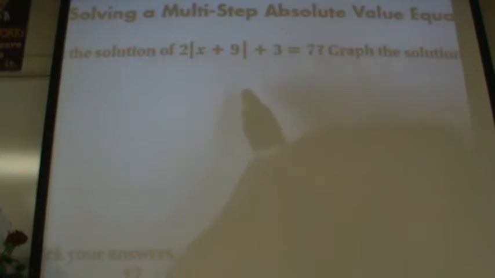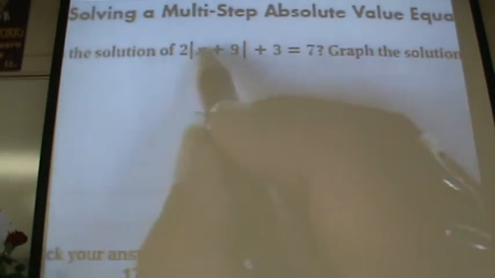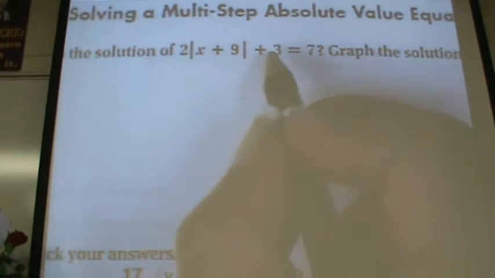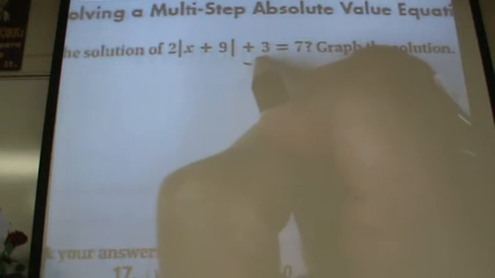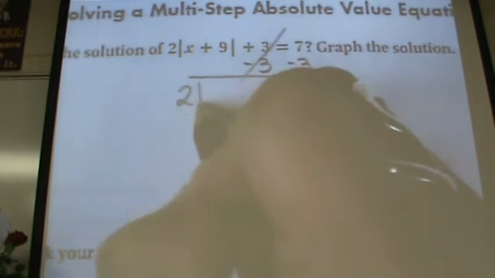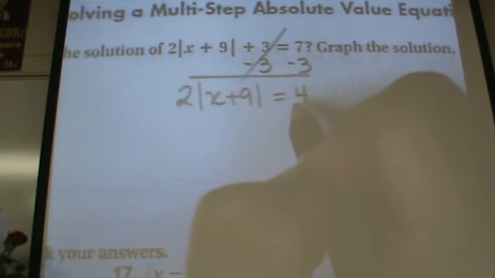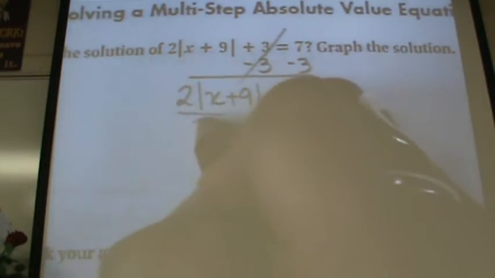Is it alone? It's got some company here. How do I get rid of these two pieces? Should you divide by 2 first? I would get rid of this first. Subtract 3.